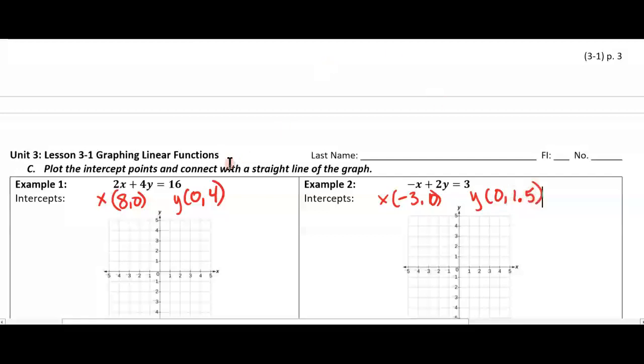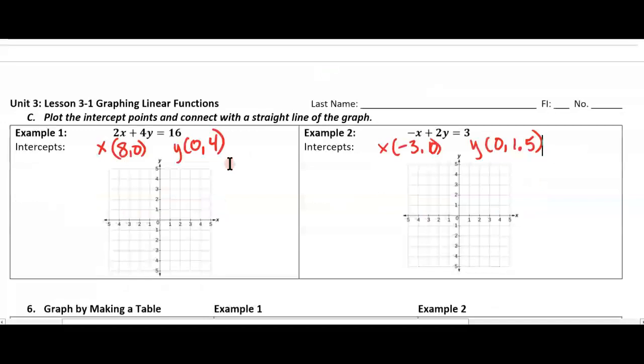And we're just going to plot those points. 8 is off the graph. 6, 7, 8, 0, and 0, 4. My y-intercept's on the vertical axis. And then I'm going to grab something to use as a ruler here and connect those points.